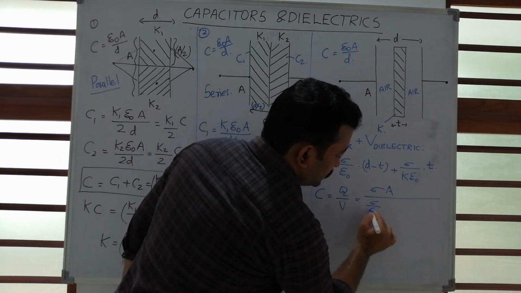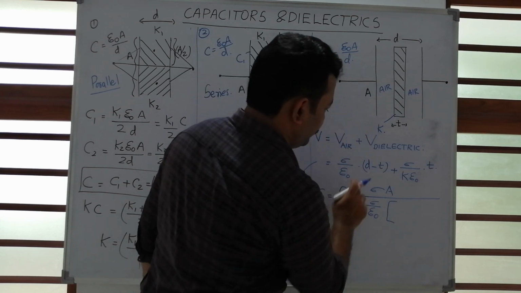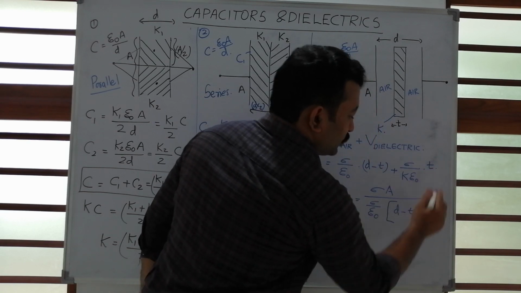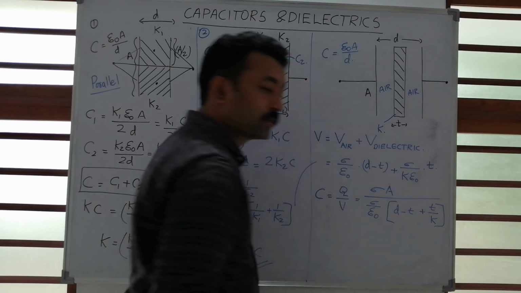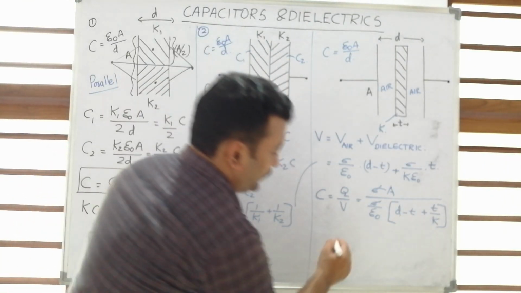sigma by epsilon 0 is common. What is remaining within the bracket? The first one has d minus t, the second one has t by K. Sigma cancels. What's remaining?